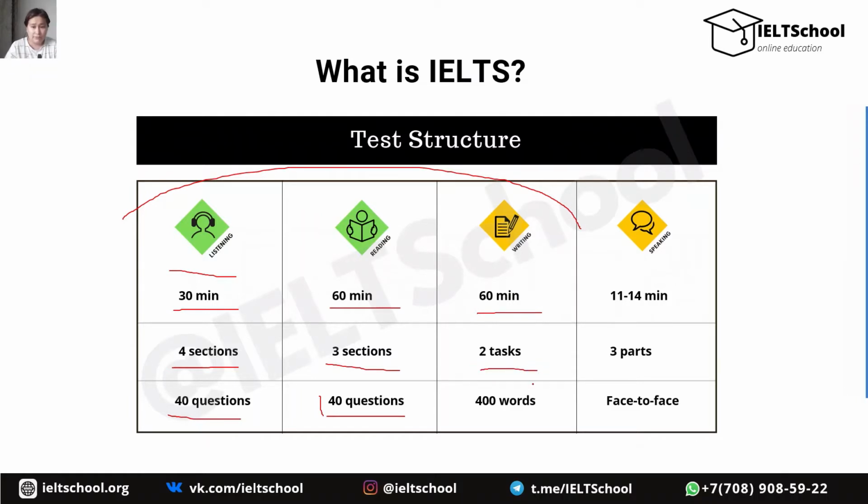For one essay you need to write at least 150 words in 20 minutes, whereas for the second essay you need to write a 250 words essay in 40 minutes. We will talk about the writing and reading parts in more detail in today's video.